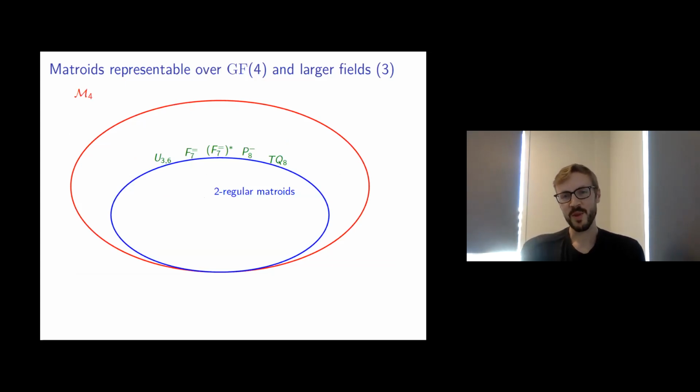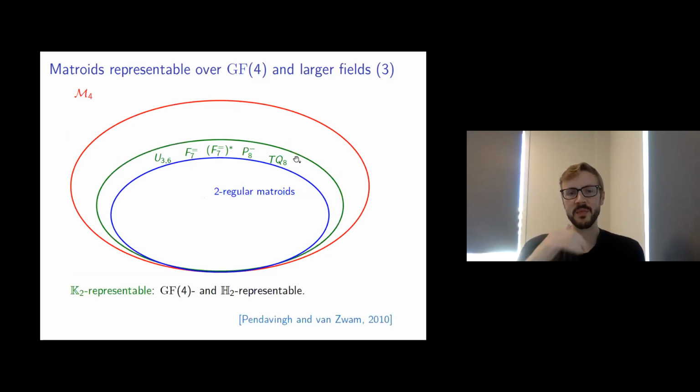And a natural approach is to ask, what are the universal partial fields for these matroids here? Except U36, for the other 4 matroids, the universal partial field is this K2 partial field that Rudy and Stefan were well aware of. And this corresponds to matroids that are GF4 representable and have at least 2 inequivalent representations over GF5.